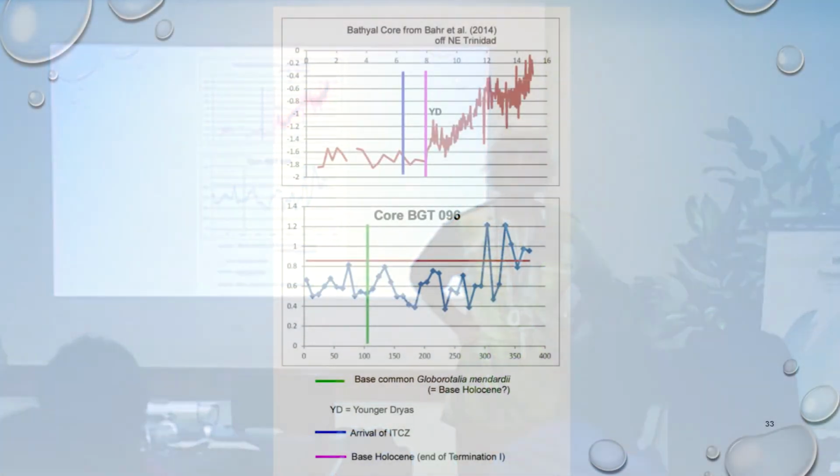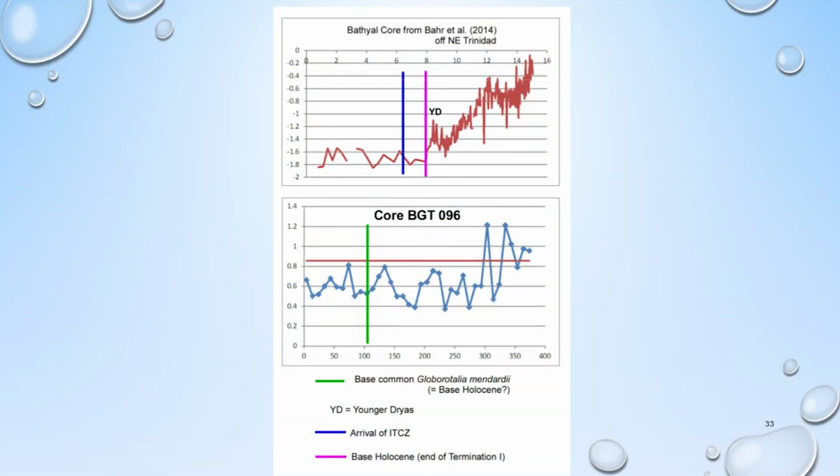I've done the first one, and the top core here is one that was published by Baer et al. in 2014. That was taken out 50 kilometers from where I'm working, and they did produce an oxygen isotope curve for it. Let's say that my core is comparable.